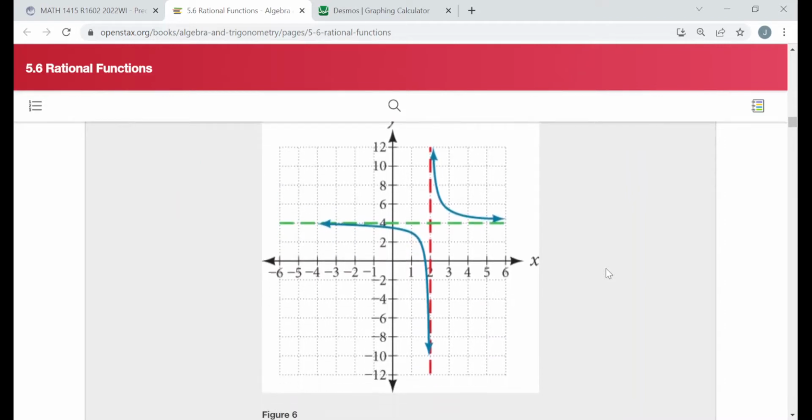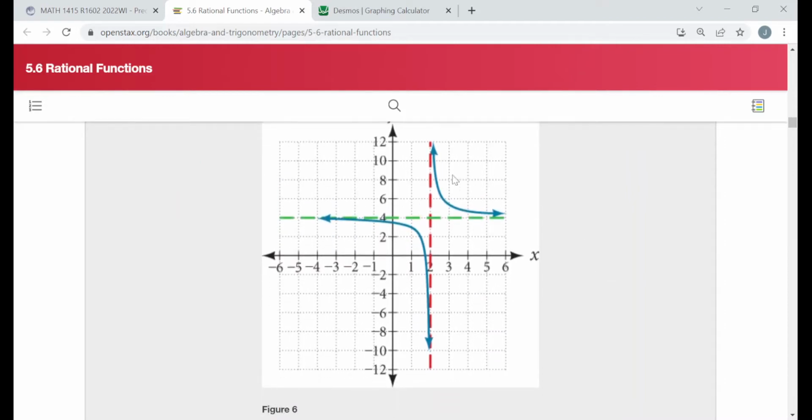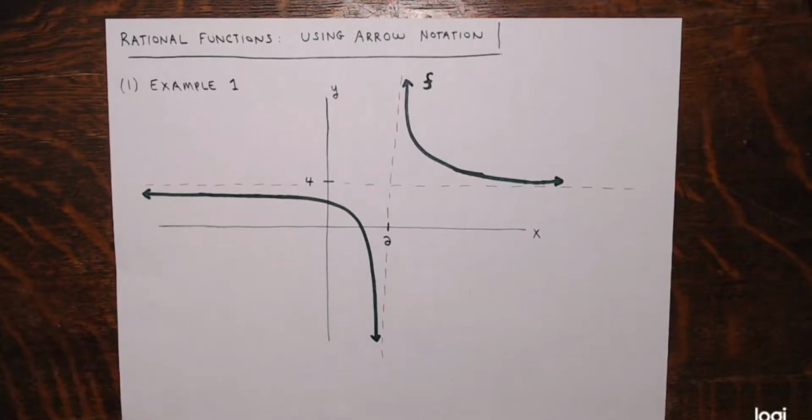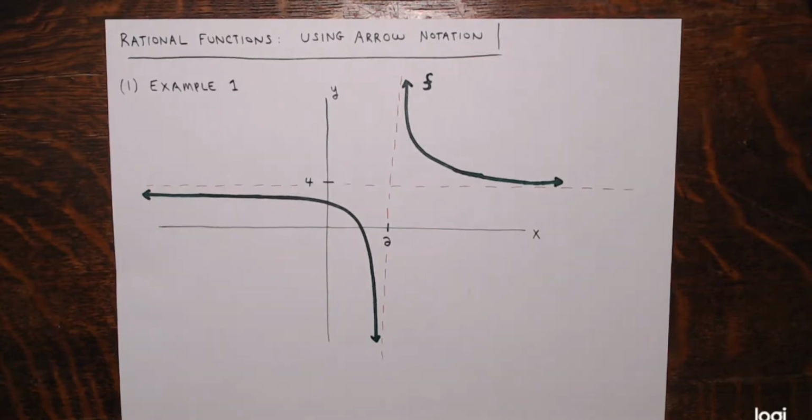I'm going to draw a rough sketch on my paper of this picture here, and we'll talk about it. As I said, here's a very rough sketch with just certain numbers highlighted.